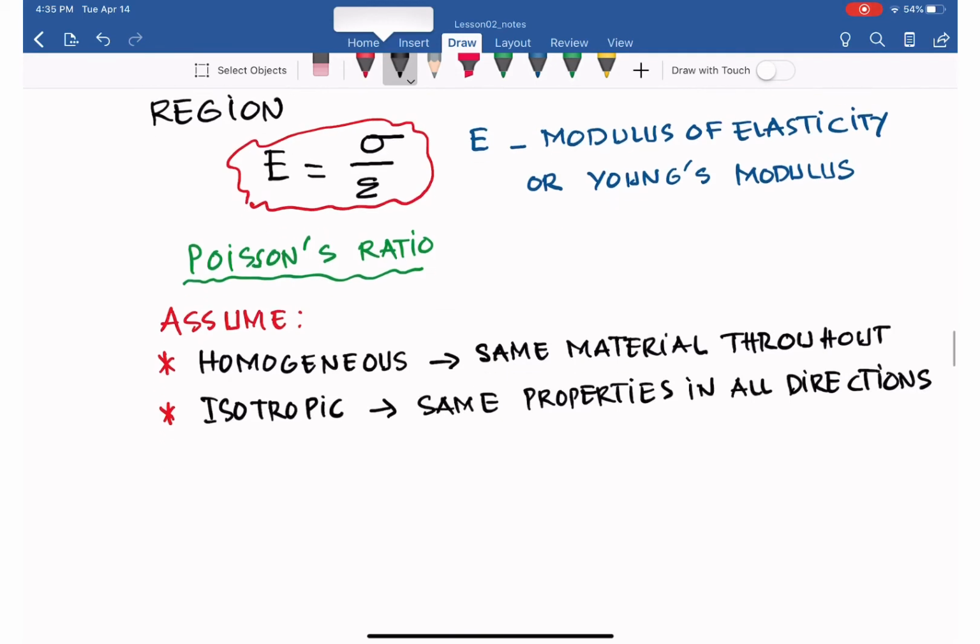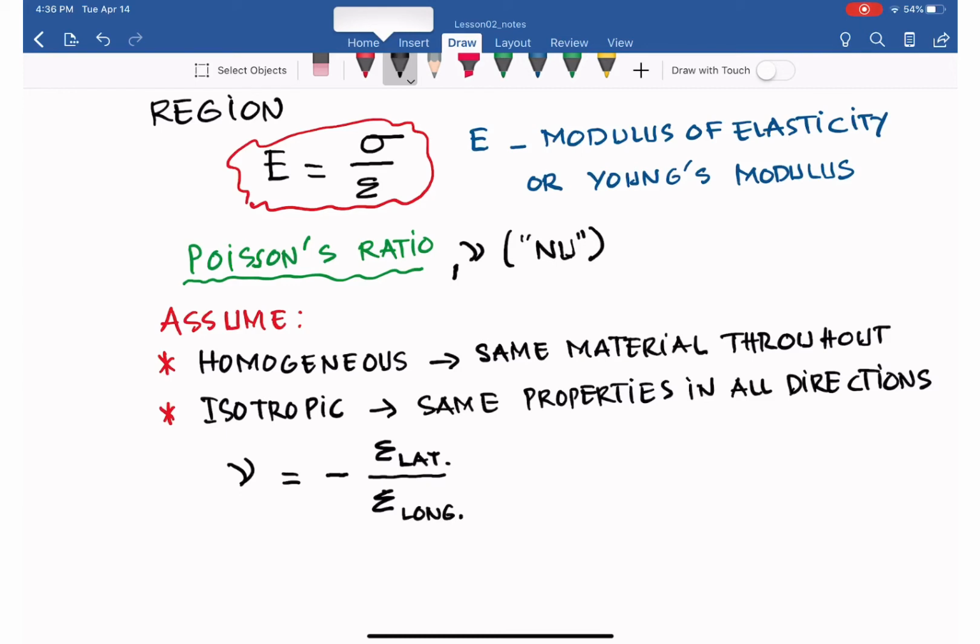If we have that, the Poisson's ratio is called nu, in Greek letter. That nu is equal to negative the strain in the lateral direction over the normal strain in the longitudinal direction.